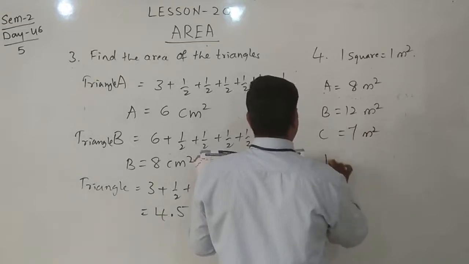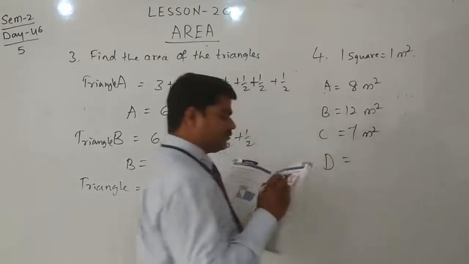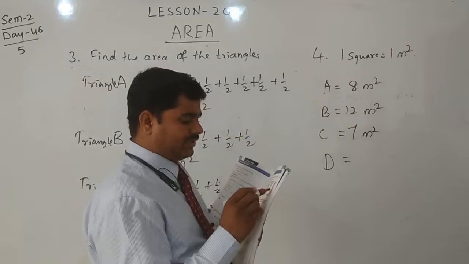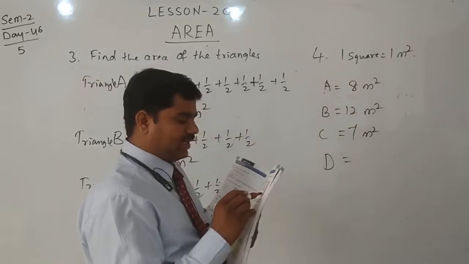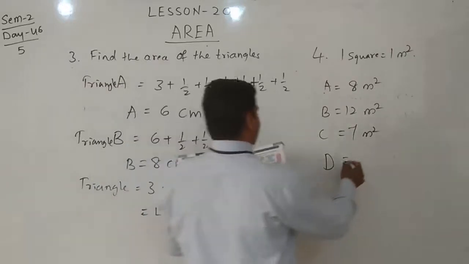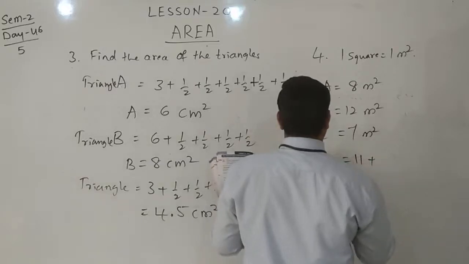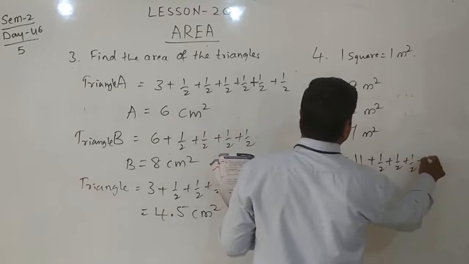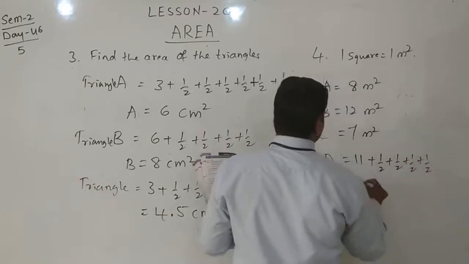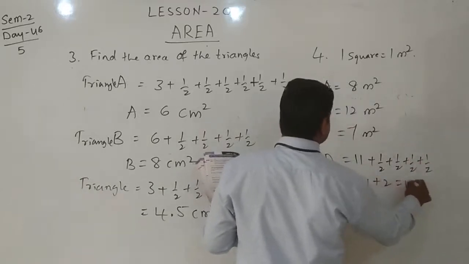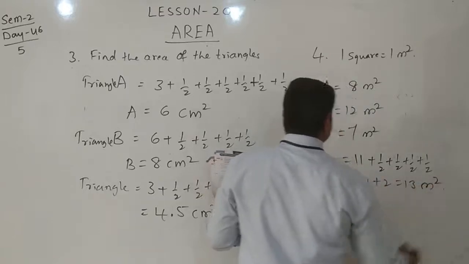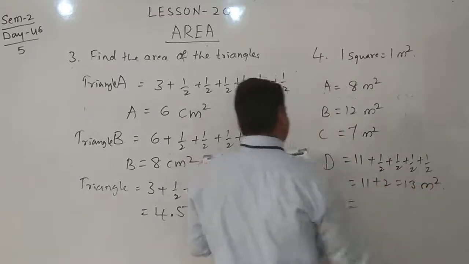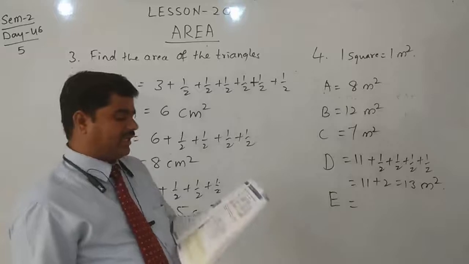Figure D. Yes, full how many are there? 1, 2, 3, 4, 5, 6, 7, 8, 9, 10, 11. 11 full are there and halves, 1, 2, 3, 4. 4 halves. Then we can write 4 halves together 2. 11 plus 2, this is nothing but 13 meter square. 13 meter square is its area.